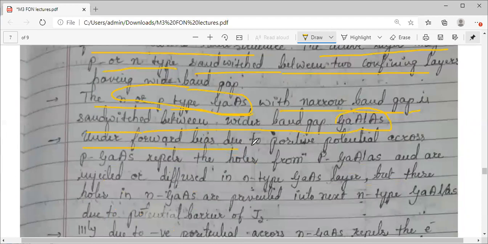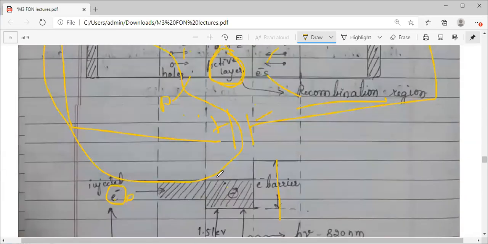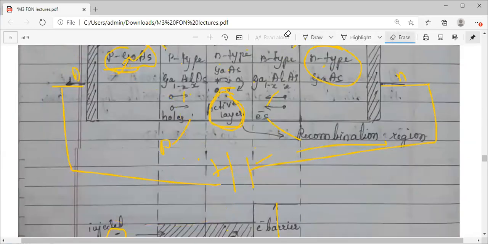Under forward bias, due to the positive potential we are applying on the positive side, that last layer, P type gallium arsenide, will repel. There is a repulsion. So how the holes will move? I have given the direction of the holes, how they are moving.